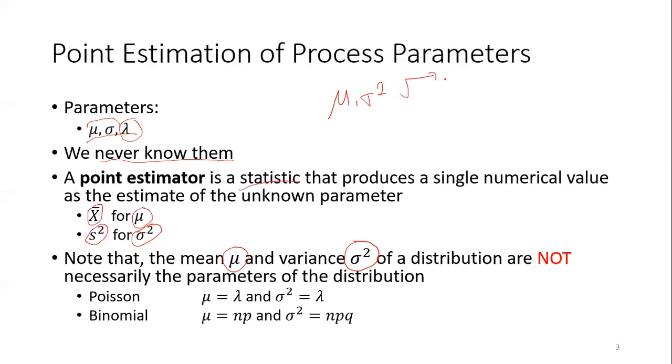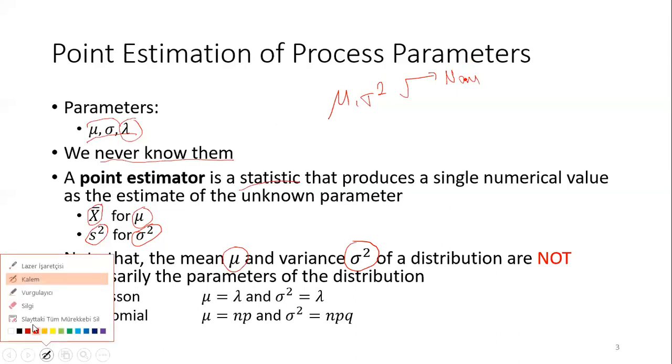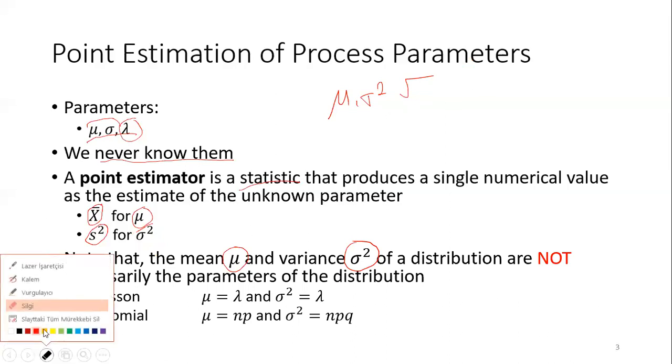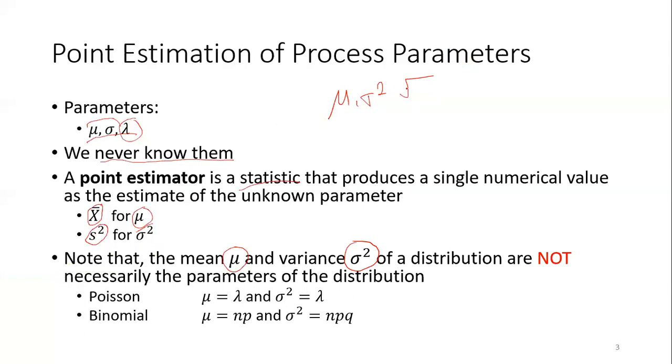They are the parameters of the normal distribution, and they show respectively the mean and variance of any distribution.